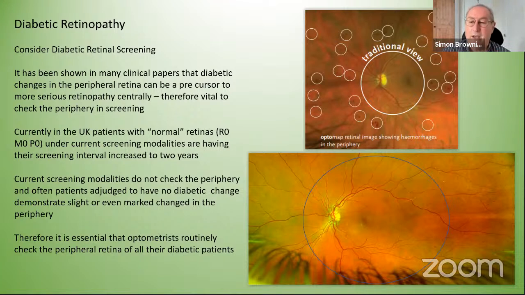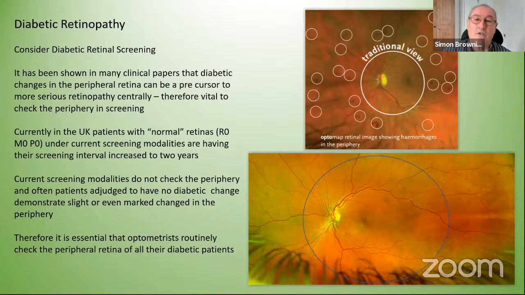If you go beyond that, you will often see an awful lot more diabetic retinopathy. And these patients who've been classified as normal are not going to be seen for 2 years, and yet they may have pathology. And we know categorically, and there've been many papers published on this, that changes in the periphery are precursors of more aggressive change in the center.